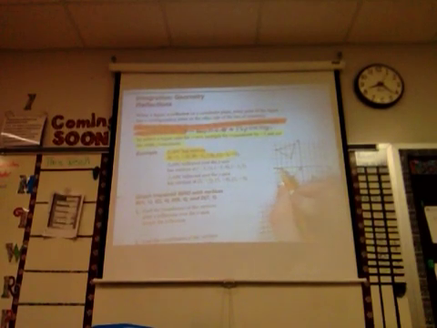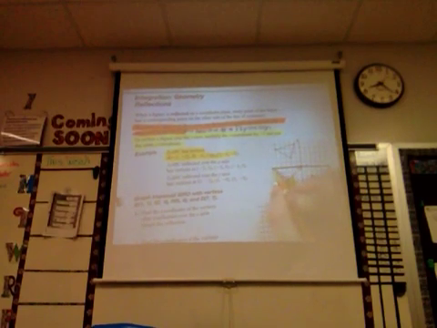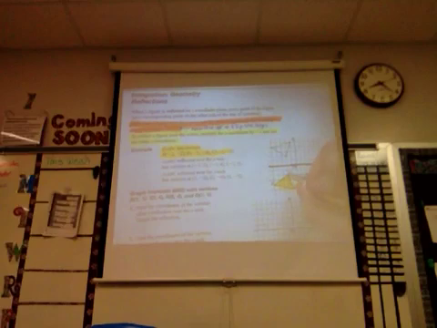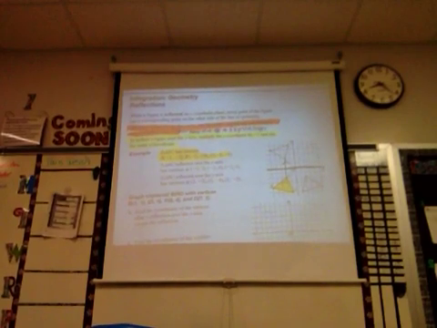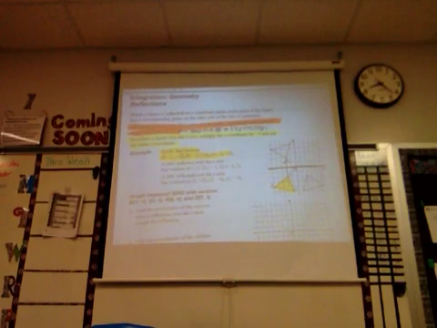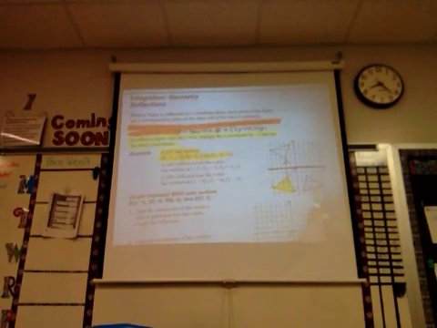Okay, there's our x-axis right there. So I reflected it that direction. That's going over the x-axis. And then we reflected it over the y-axis, so it went that way.